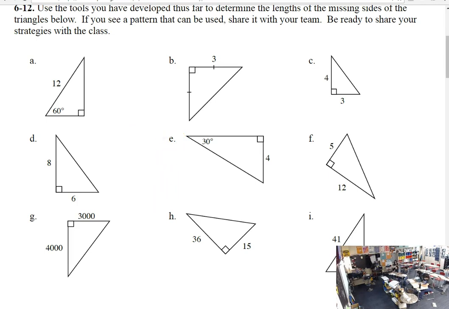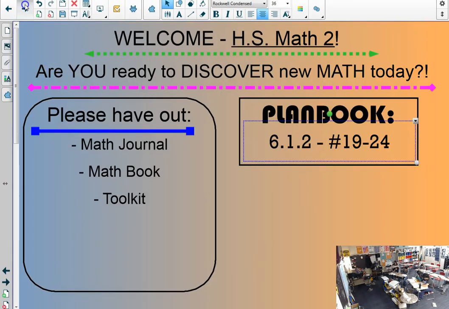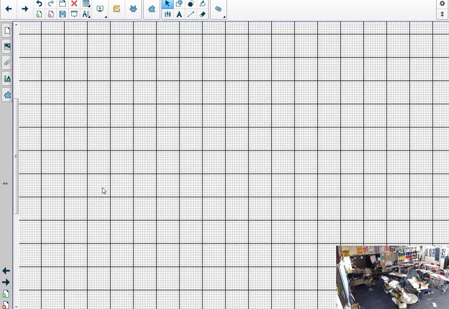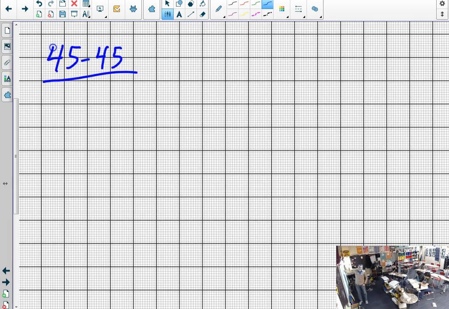Let's quickly remember some rules from yesterday, just to get them down. We'll start with the easy one, at least in my opinion. In a 45, 45, 90, I'm not even going to write the 90 because we assume we're working with right triangles here. How do we solve for my hypotenuse or for my leg?